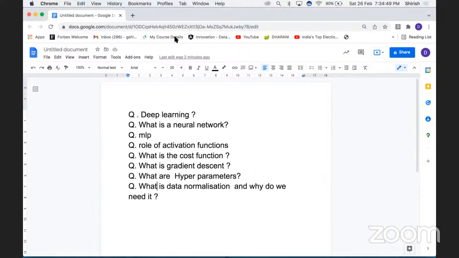What is dropout? What is batch normalization?